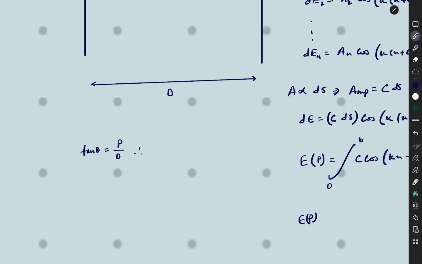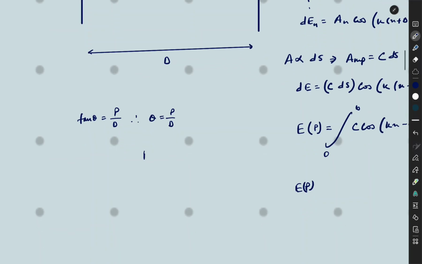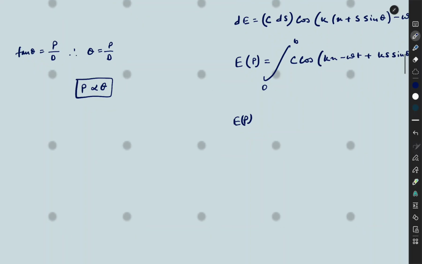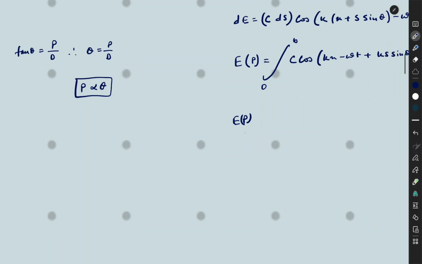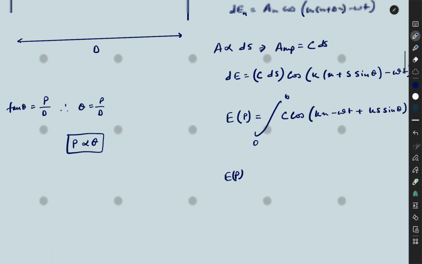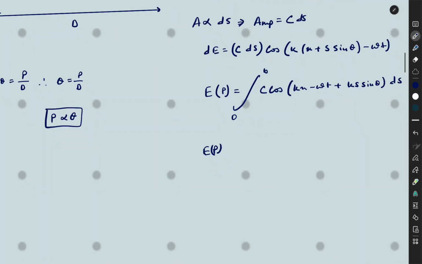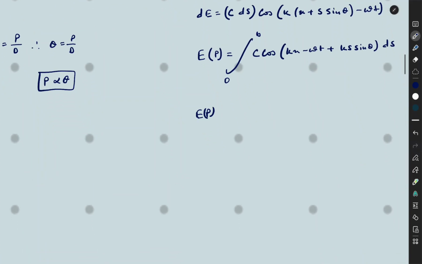As the angle is very small, theta will be equal to p by d. Therefore we get a direct relation between p and theta. So we can write E of p or E of theta, which varies with respect to the independent variable, p and theta both being the same.